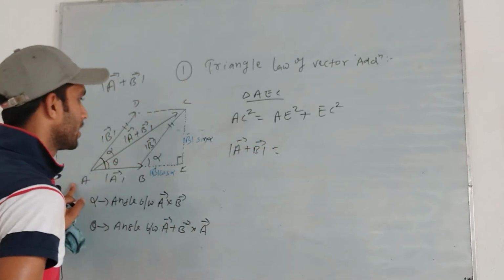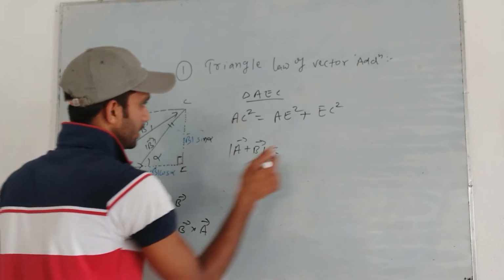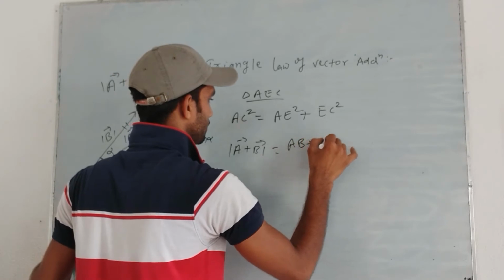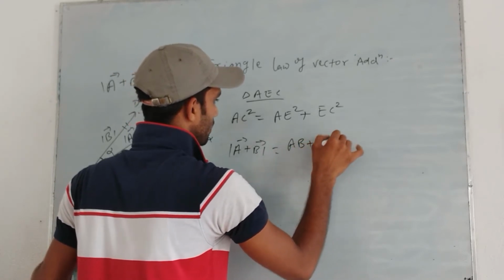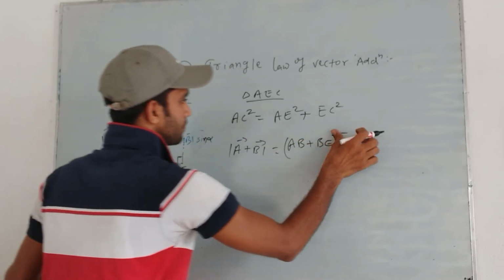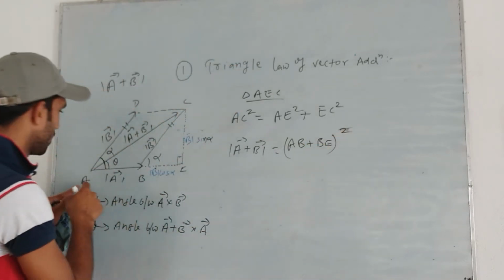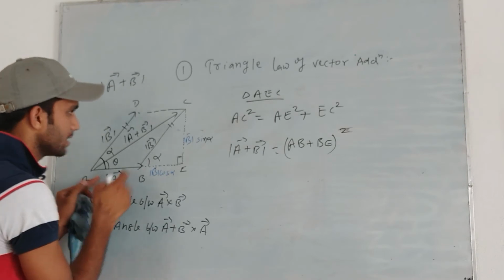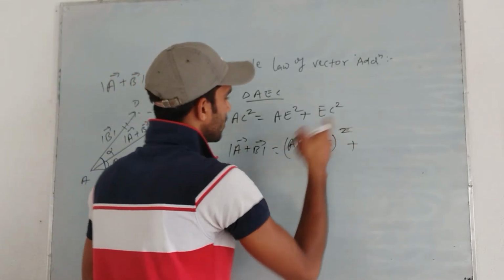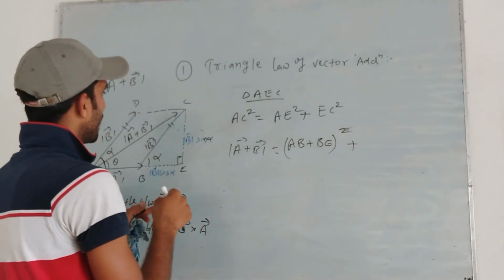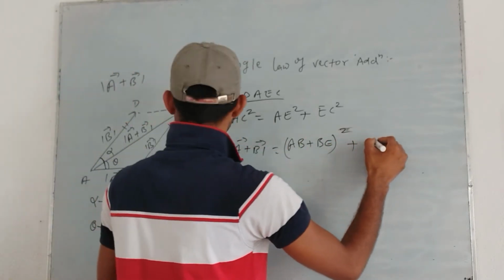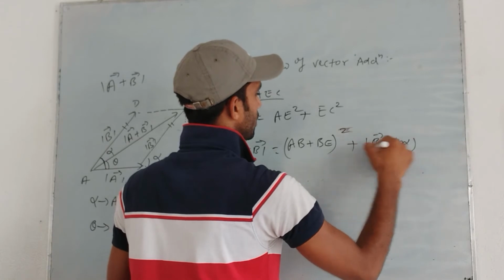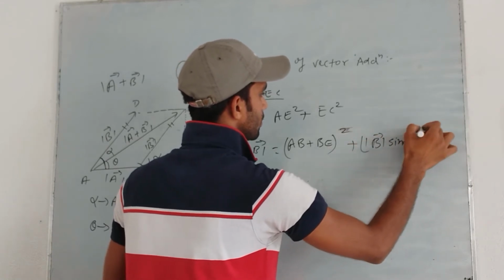And what is your AE? So AE is AB plus BE. From here, AE is equal to AB plus BE, right? So AB is A, and EC is B sin alpha, whole square, right?